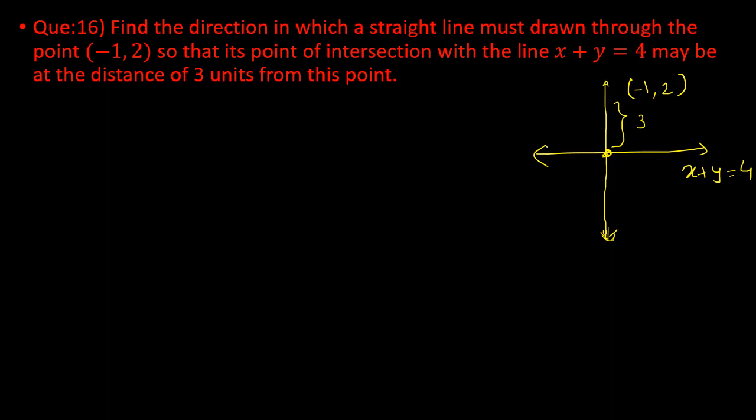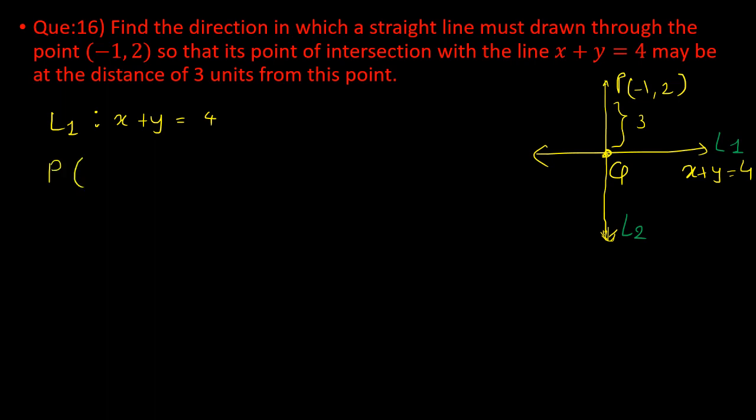Let me say this is Q, and this is P of -1, 2. I'm going to give names to both the lines: say this is L1 and this is L2. I'm going to write all this description over here. L1 is the line x plus y is equal to 4. L2 is the other line.